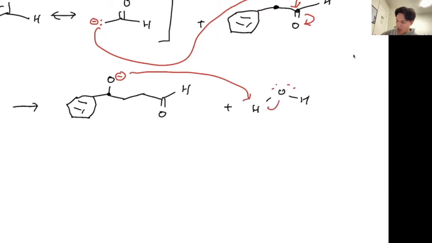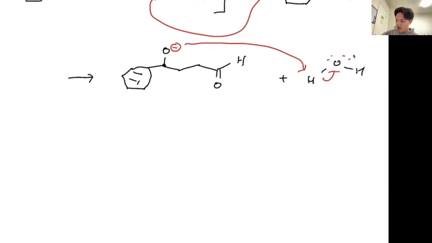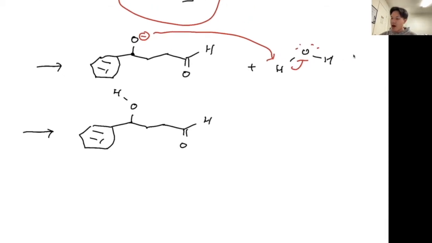Take this acidic hydrogen, form this OH. And then now we still have our beta carbons, our alpha carbons, and we have hydrogens. This is our alpha carbon because it's right next to the carbonyl. We have hydrogens here.